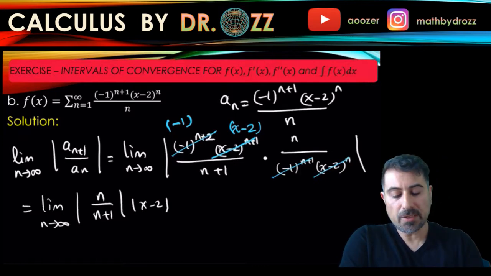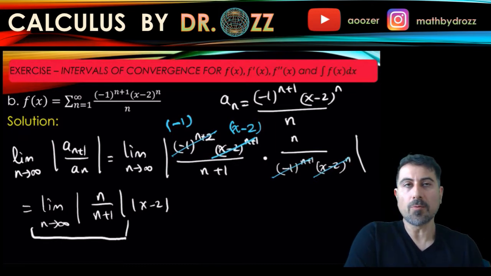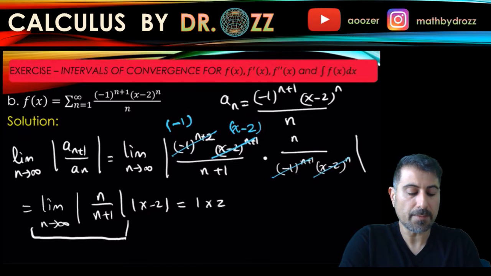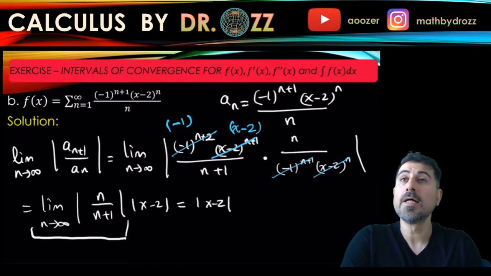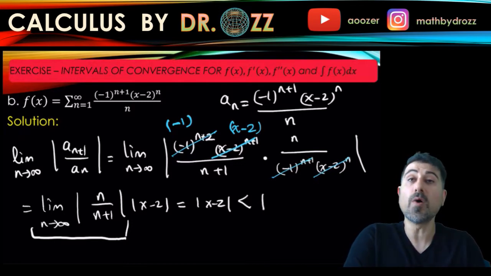If you pass the limit for this expression, the limit is going to be 1. You can use L'Hopital's rule if you want to. And the limit value is going to be the absolute value of x minus 2. And the ratio test rules that this has to be strictly less than 1.